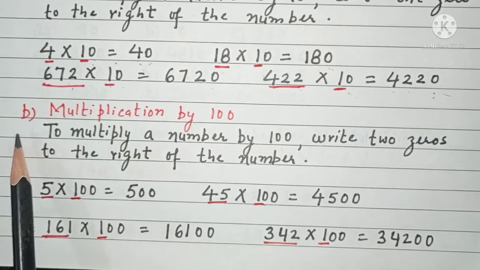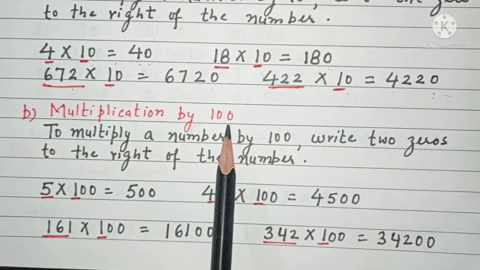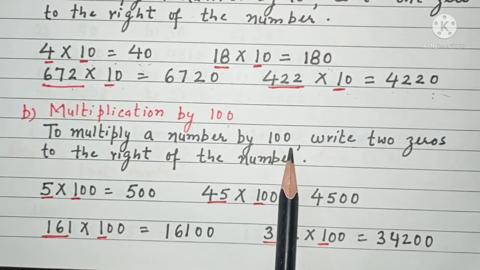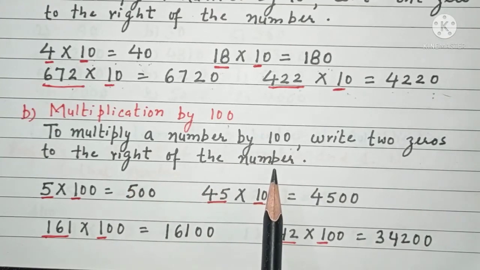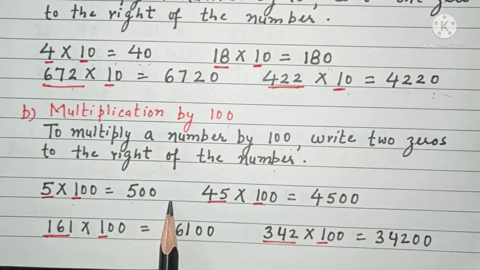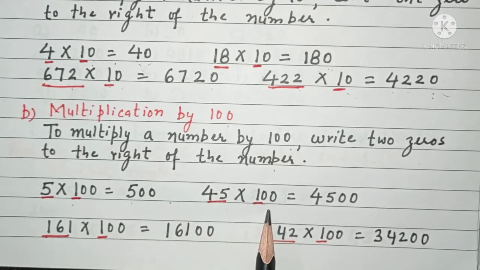Fine. So now we will learn how to multiply a number by 100. Now as we all know, 100 is having two zeros. So simply write two zeros to the right of the number which you are multiplying. As 5 into 100 is 500. So 45 into 100, no need to worry.